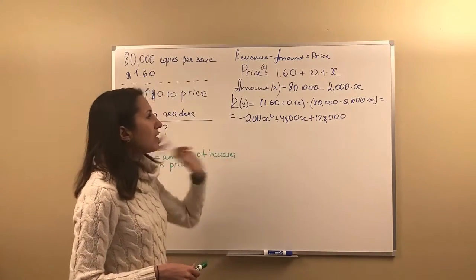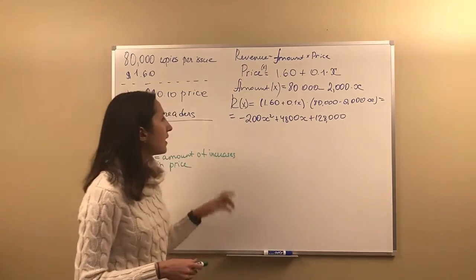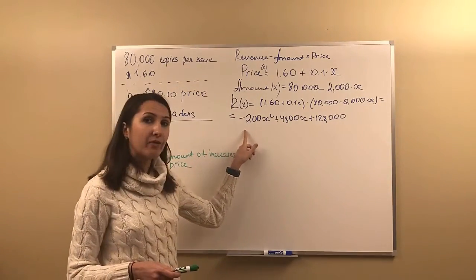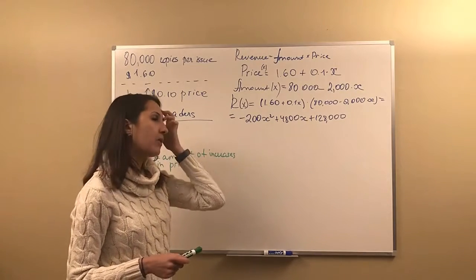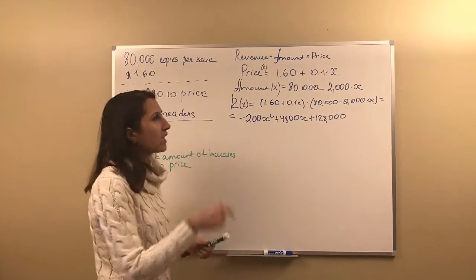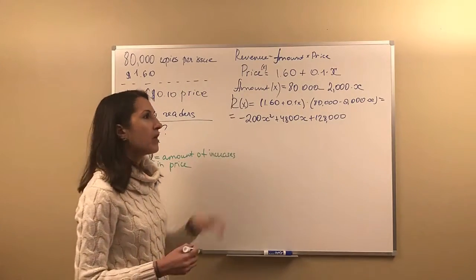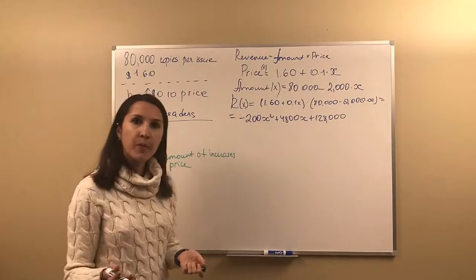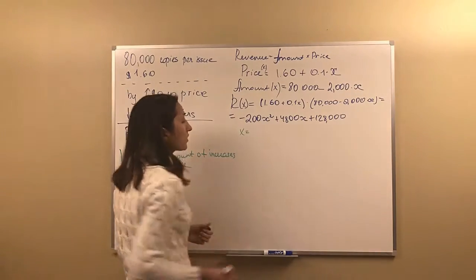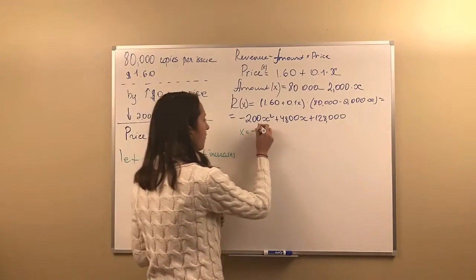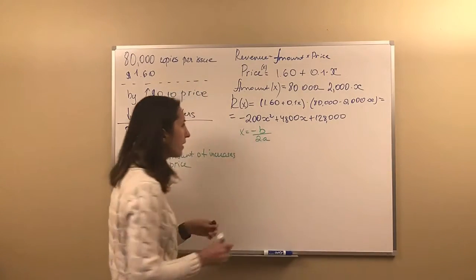So what's the maximum of a quadratic function? This is a quadratic function, and it makes sense that we will be looking for a maximum because we have a negative coefficient in front, so our parabola is downward, and our vertex will be the global maximum. Just to refresh your memory, to find the x-coordinate of the vertex, here's the formula: negative b over 2a.